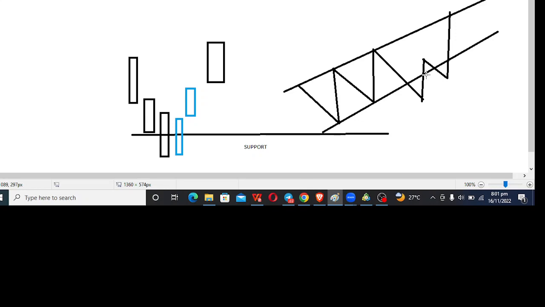Even though the confirmation has started coming, that's not 100% confirmation for you to go into a trade. So once that candlestick you are waiting for closes below your support or closes above your resistance, you still need another confirmation from the next candlestick that is going to develop or build up.